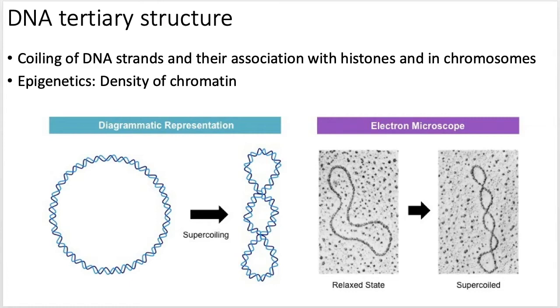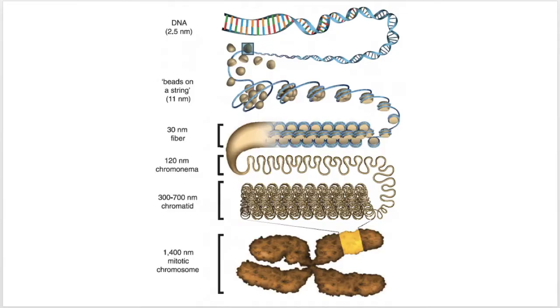But if we start folding things around, we can change the density of our DNA. That means we need to talk about how DNA is actually structured. So we have our initial DNA, and we take our DNA strand and fold it over on histones. There are a variety of histones. Histones are proteins that are associated with DNA, and together we call that chromatin.